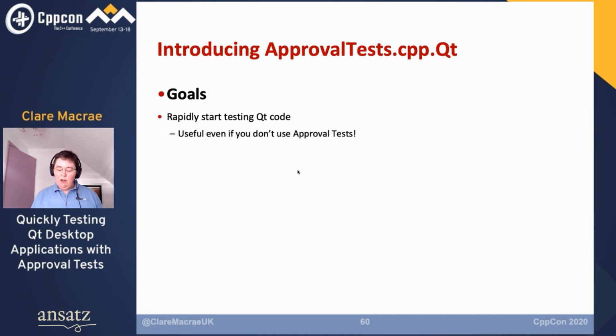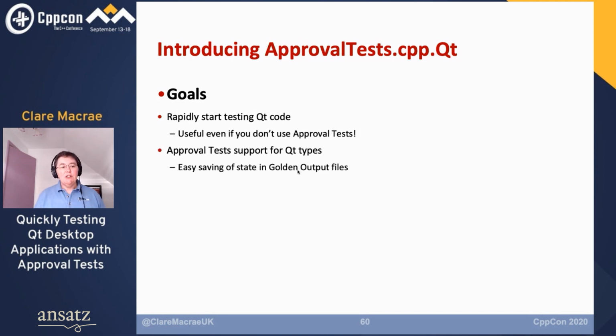And the goals that I have for that library are to enable you to rapidly start testing Qt code. So, the boilerplate main that I showed you earlier, I provide a way to use that without having to replicate it yourself. So that little bit will be useful even if you don't use the approval tests functionality. And then to start making it easy to add approval test support for a few Qt types, so easy saving of the state of widgets in golden output files.